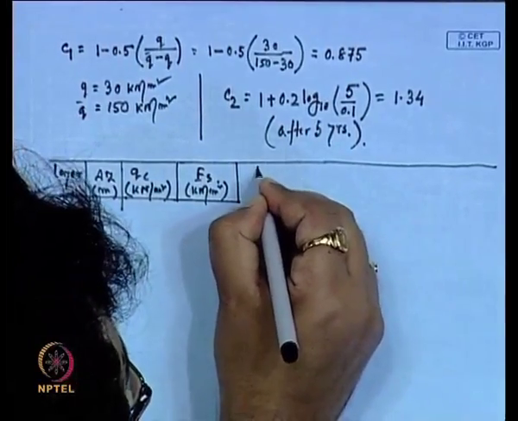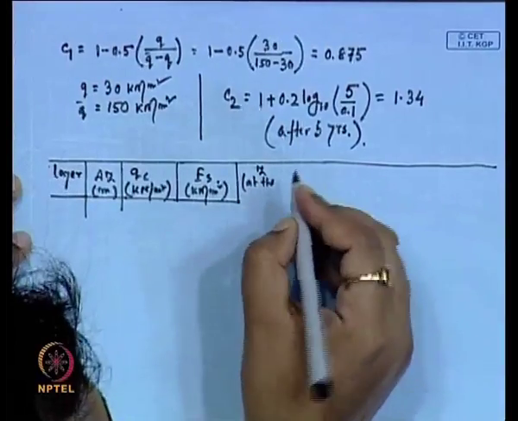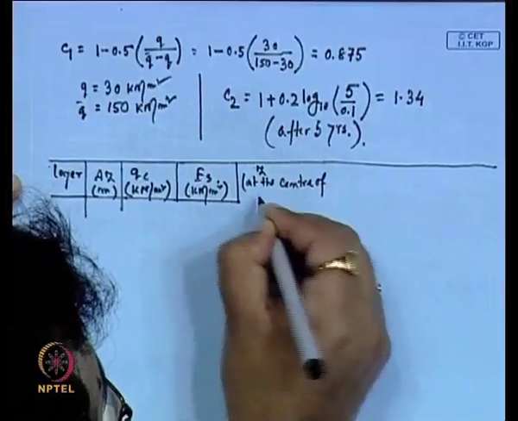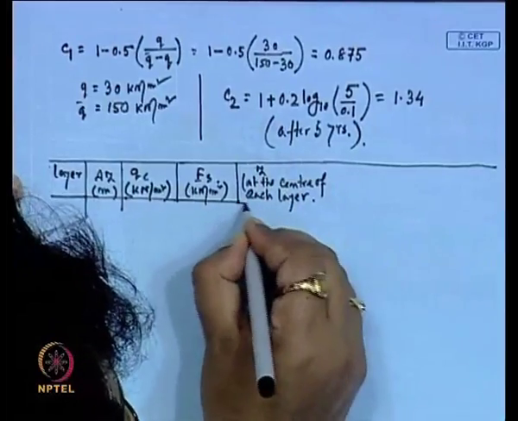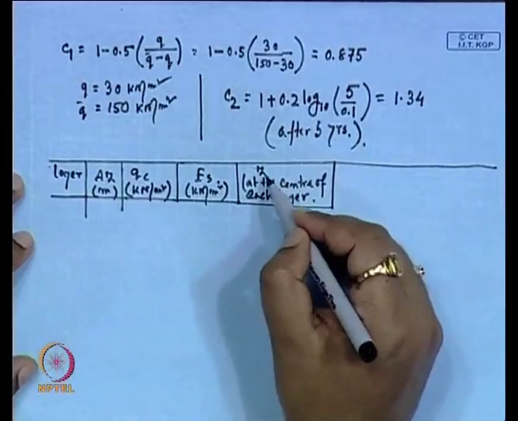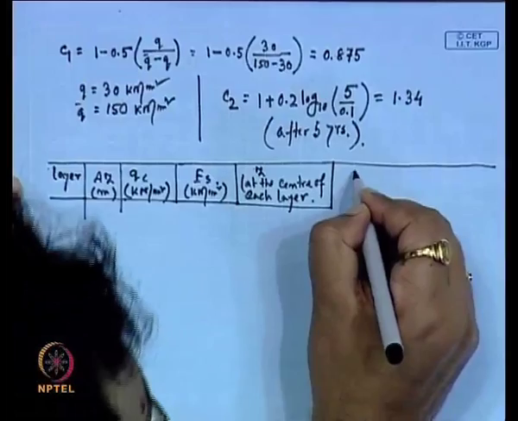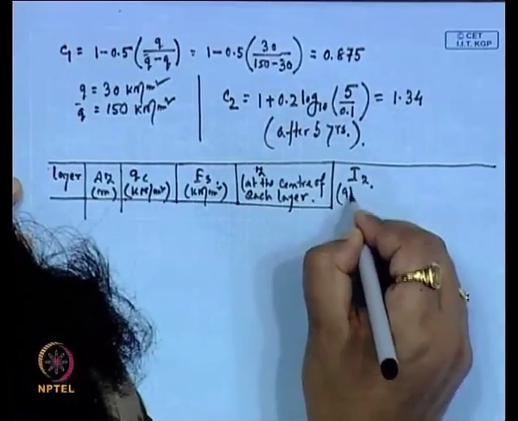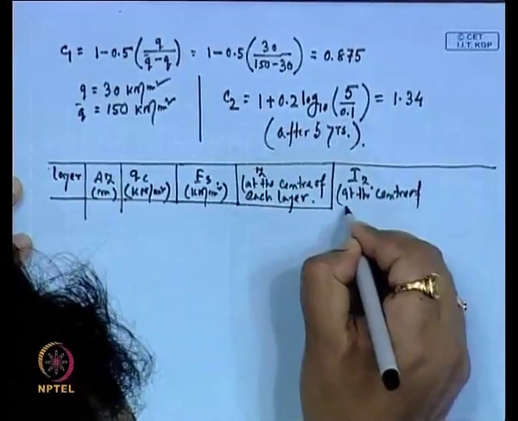Then the Z value at the center of each layer. So, Z is the Z at the center of each layer, and I z that you will get at the center of each layer.